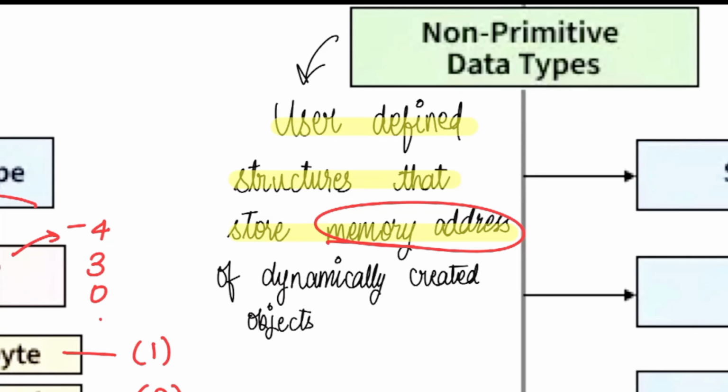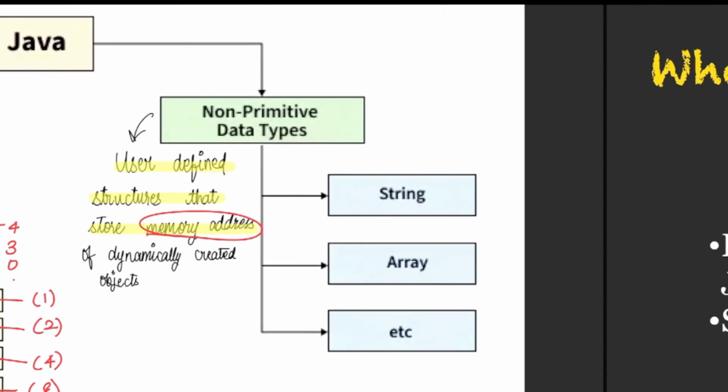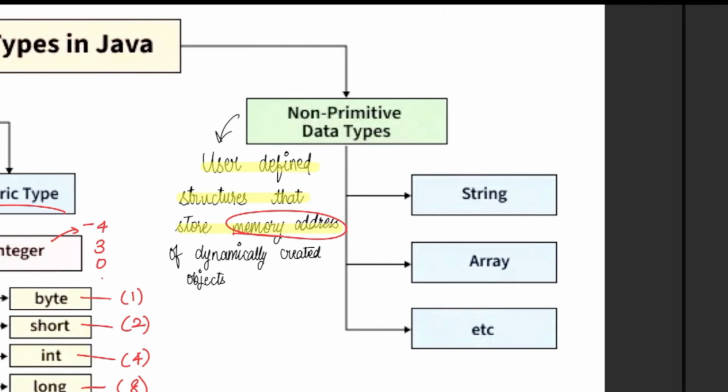It locates where the value, or the structure or data type, is saved. We have a couple of types: string, array, and a couple of others, which we will be looking into further as we learn. But the main types are arrays, classes, strings, interfaces, etc. Perfect.